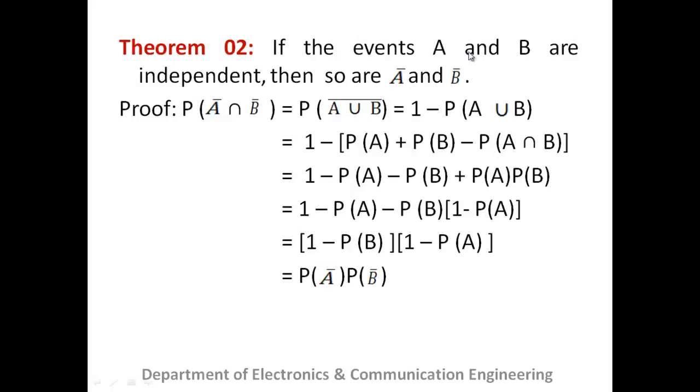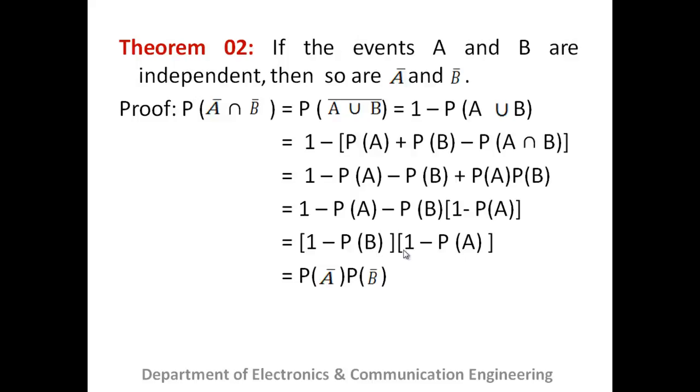Now we know the events A and B are independent, so the probability of A intersection B can be given as the product of probability of A and probability of B. Then we can obtain it as equal to 1 minus probability of A minus probability of B plus probability of A times probability of B, which equals 1 minus probability of B multiplied by 1 minus probability of A. This can be obtained as equal to probability of A complement times probability of B complement.